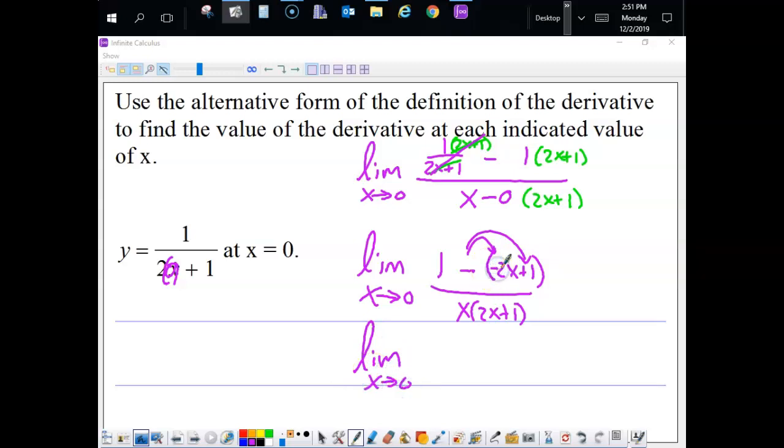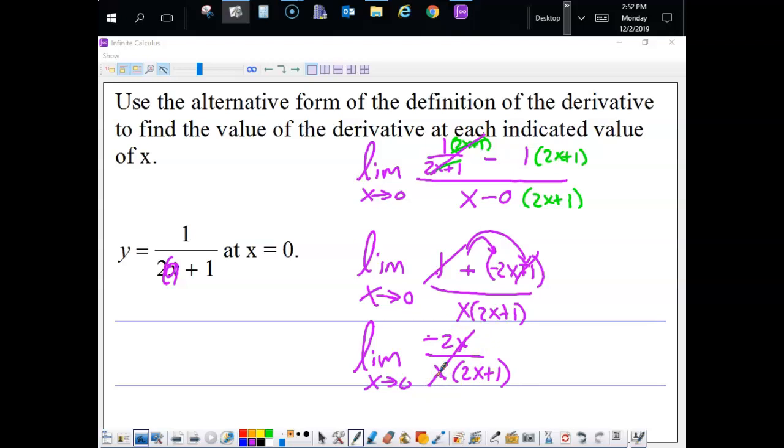So that makes this negative and this negative. And so now we're going to have 1 and 1 cancel, and I'm left with negative 2x on the top. And my discontinuity cancels. So this x and this x cancel out.